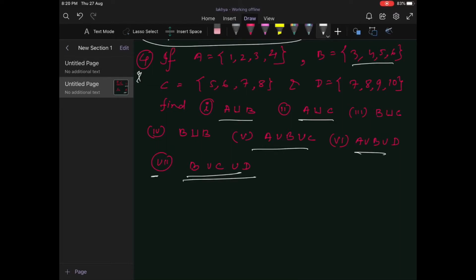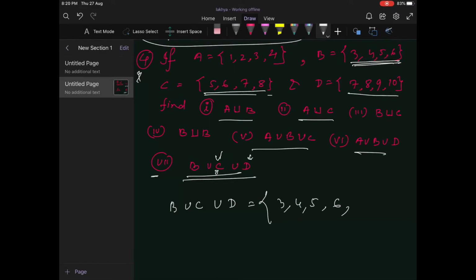Here you see, set B contains 3, 4, 5, 6, set C contains 5, 6, 7, 8, and D contains 7, 8, 9, 10. So B union C union D will contain: first take the elements in set B, 3, 4, 5 and 6.